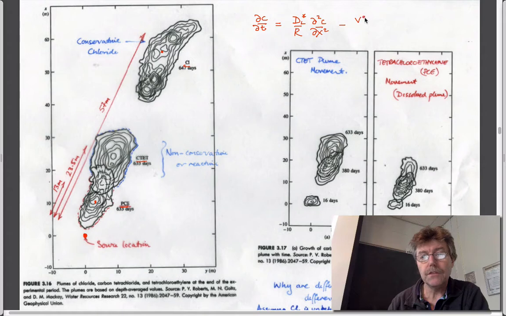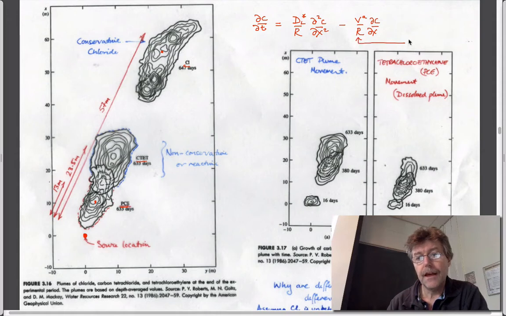So you know what most of these terms are, but this important term is this retardation coefficient. And we know that retardation is a number equal to or larger than 1.